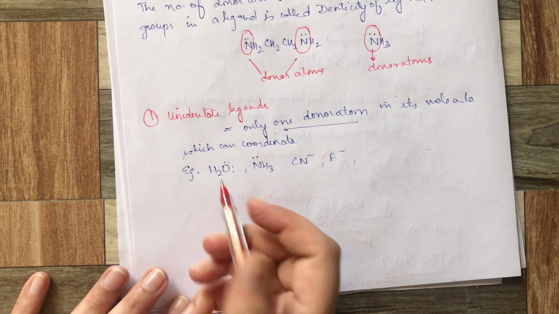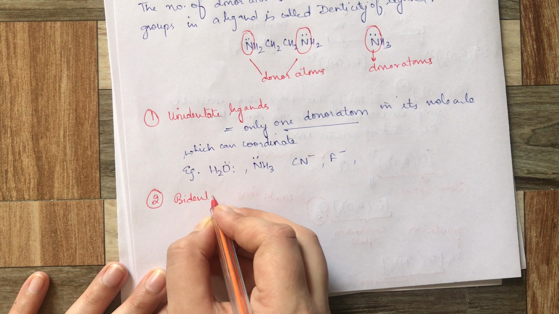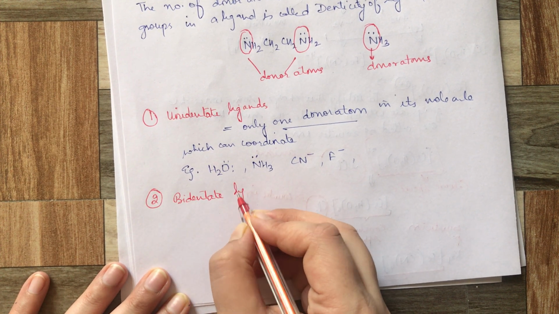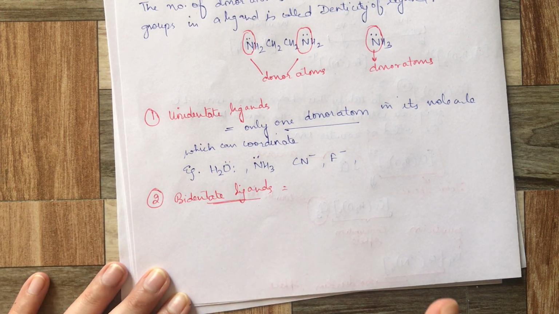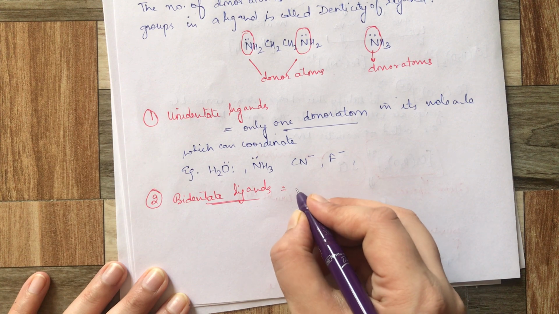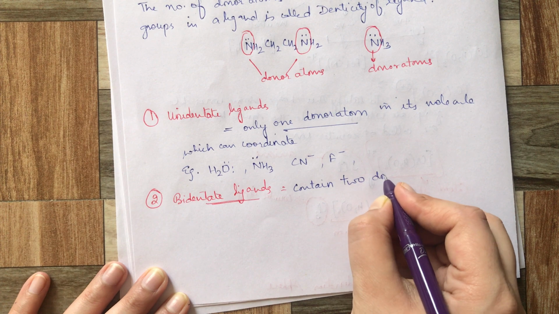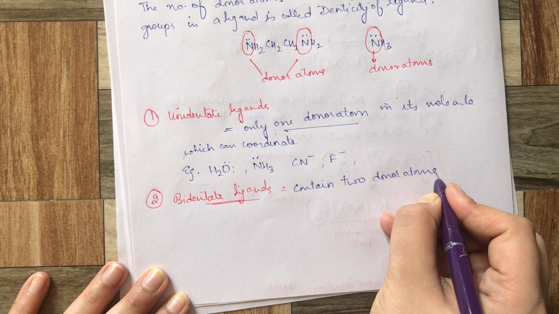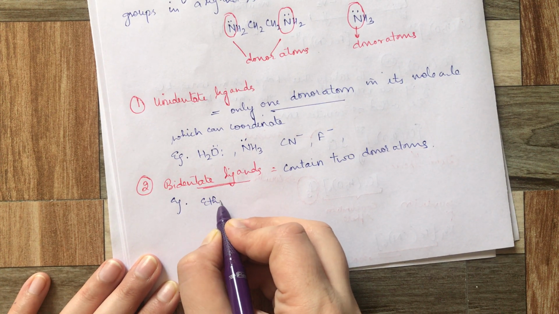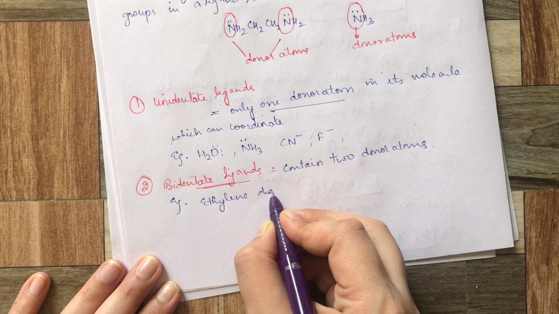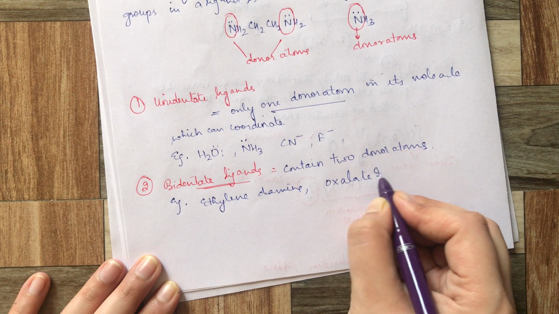Now we talk about next which is bidentate ligands. Bidentate ligands, it is obvious, which have two donor atoms. They contain two donor atoms. Example, first is the ethylene diamine, we have already discussed. Ethylene diamine, oxalate ion.